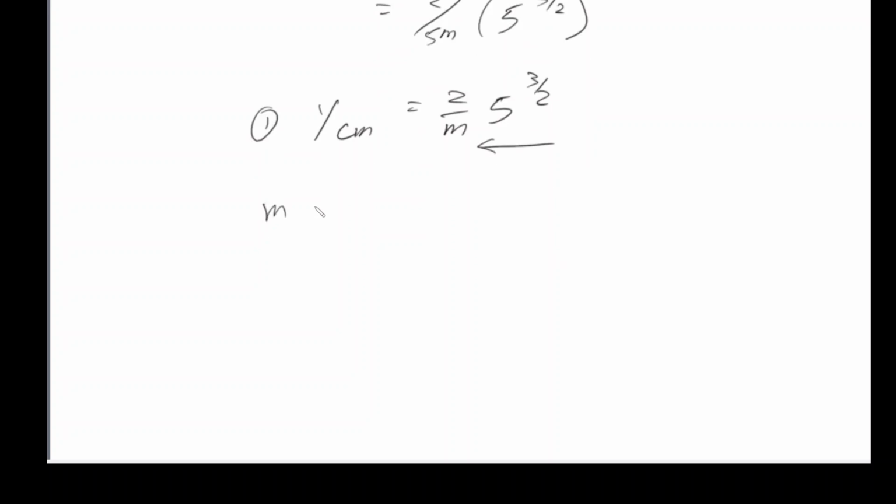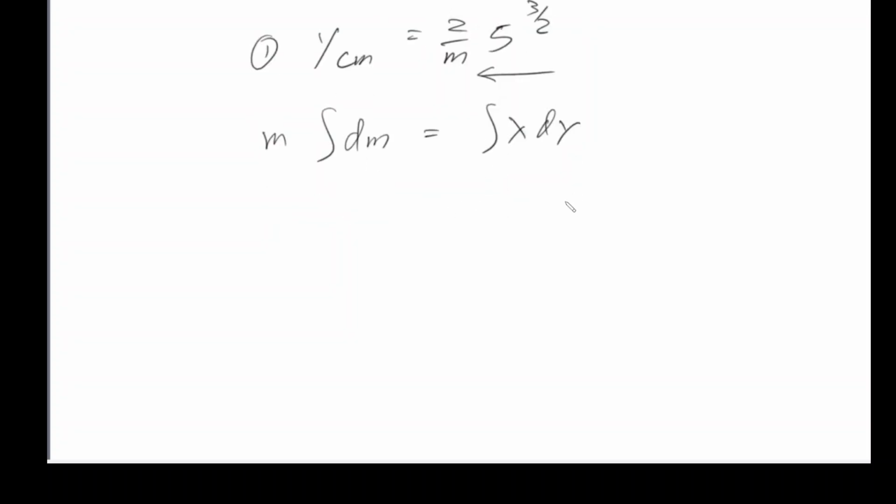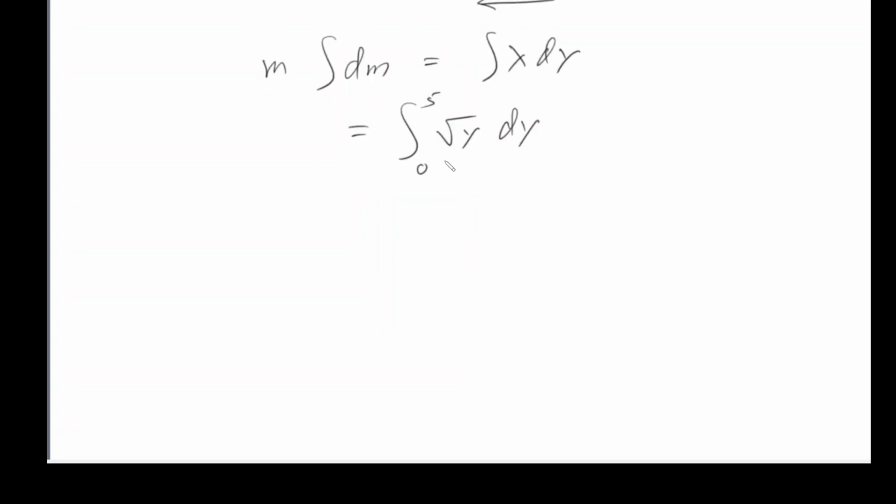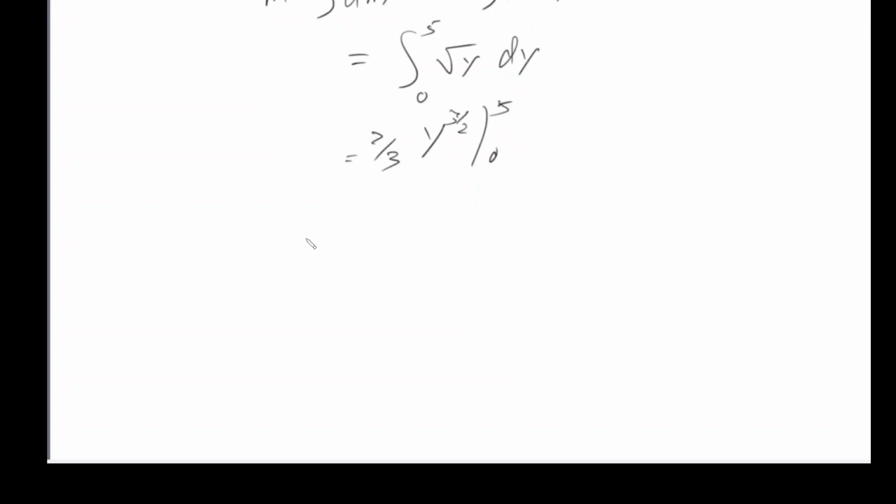So we know that mass is the sum of the integral of dm, which is the integral of lambda dy, which is the integral of the square root of y times dy from 0 to 5, which becomes 2 over 3 times y to the 3/2 from 0 to 5, or mass is equal to 2/3 times 5 to the 3/2.